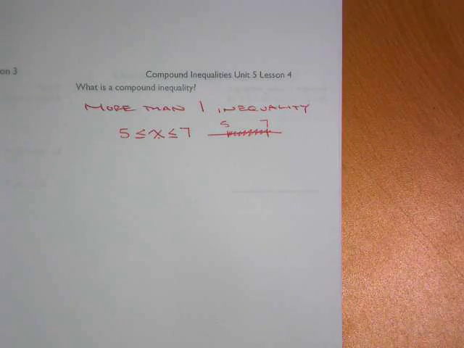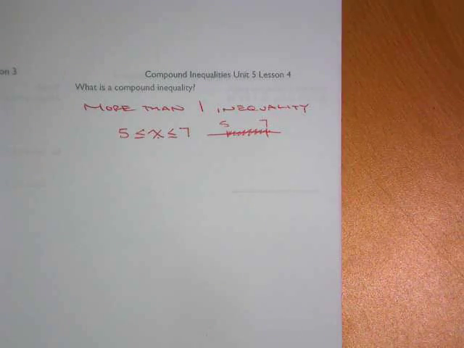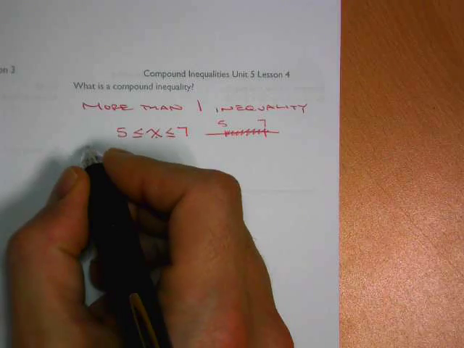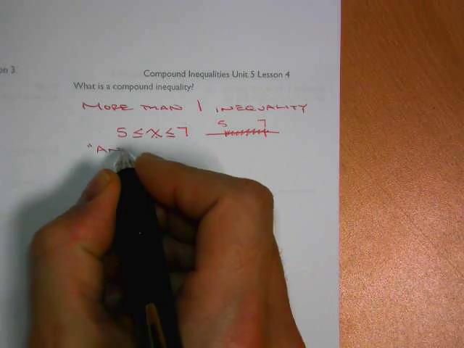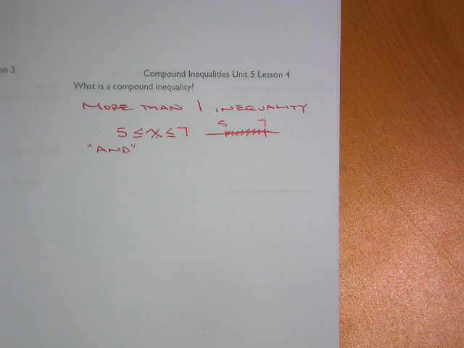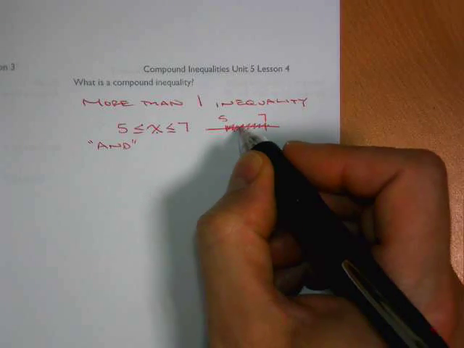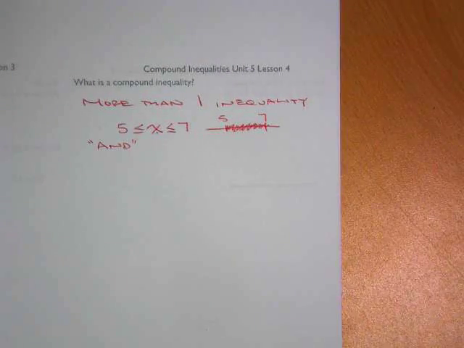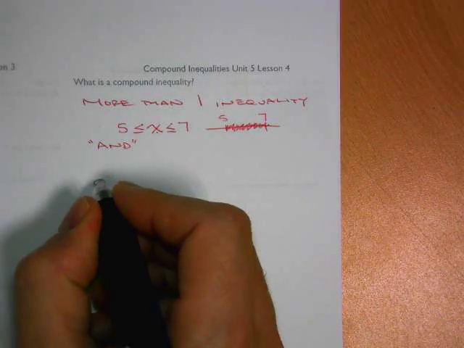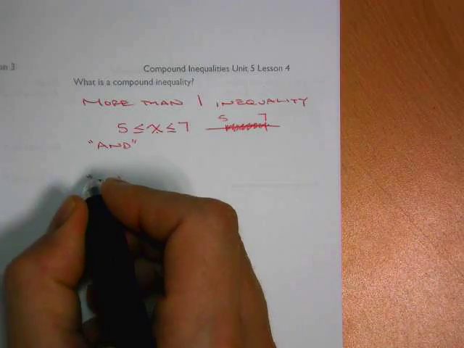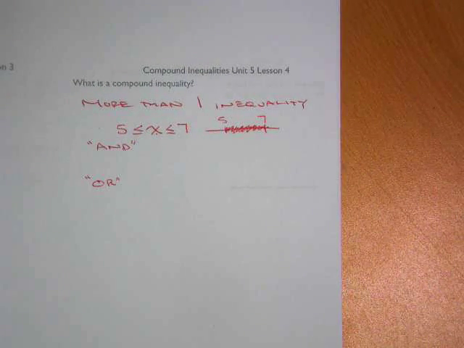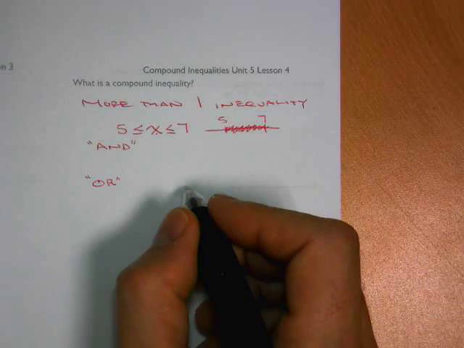So we actually have two types of compound inequalities. The one that we just showed you would be considered an AND inequality, where it's everything in between. The other type is considered an OR inequality. It's less than this or it's greater than that.